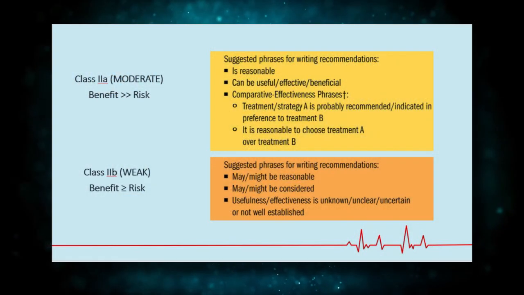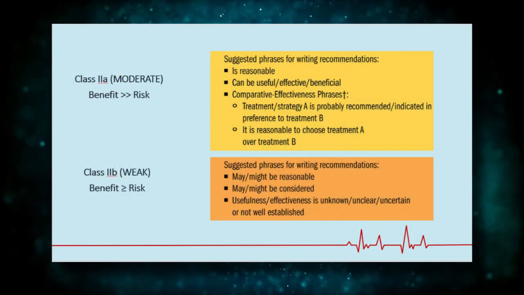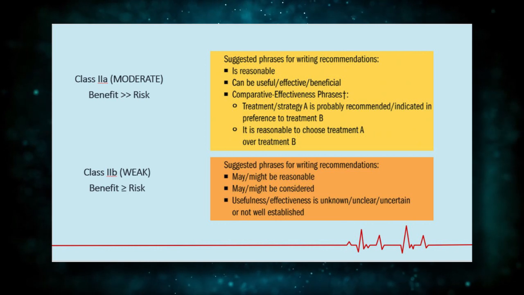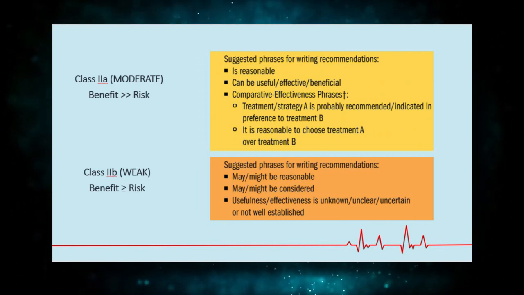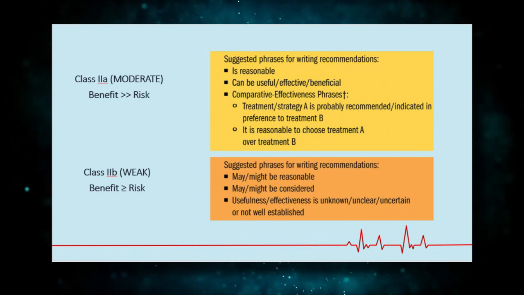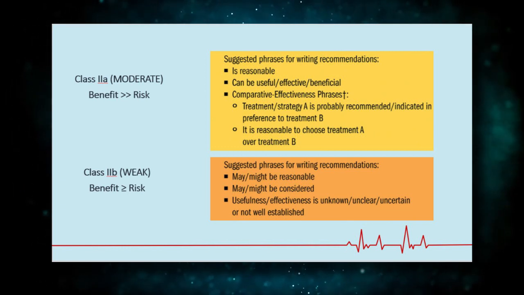While in Class 2B, where benefit is slightly higher than risk or almost equal to risk, we use phrases such as may or might be reasonable or may or might be considered when writing recommendations, or phrases such as usefulness or effectiveness is unknown or unclear.